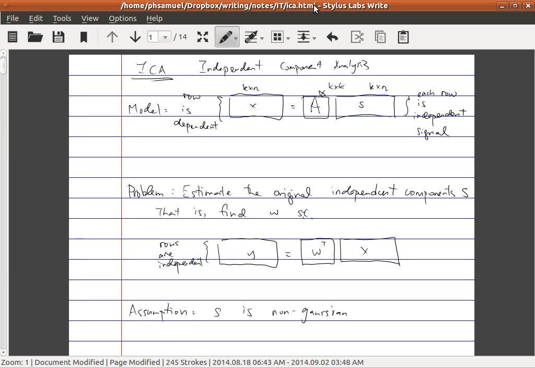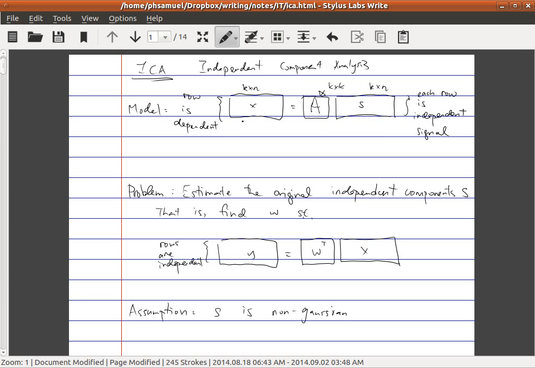Hello. We'll talk about ICA, independent component analysis today. So basically, we start with originally k independent components, and instead of having these k independent components, we actually have mixtures of these components.